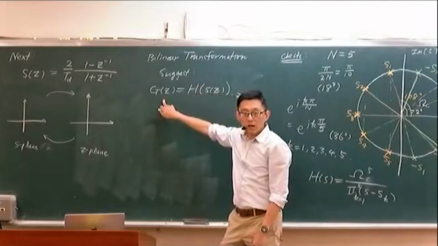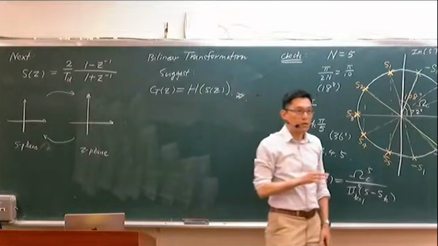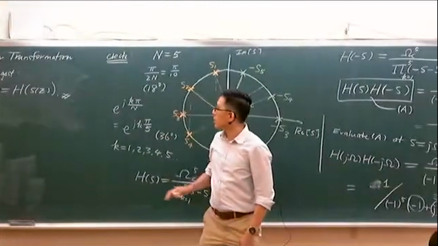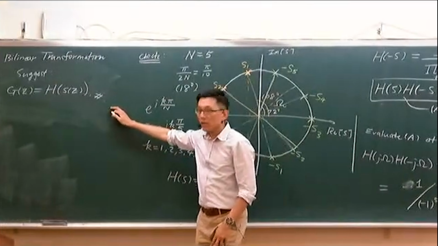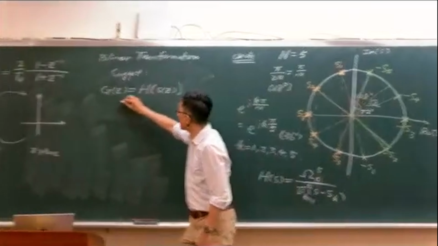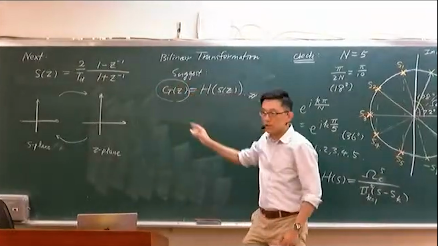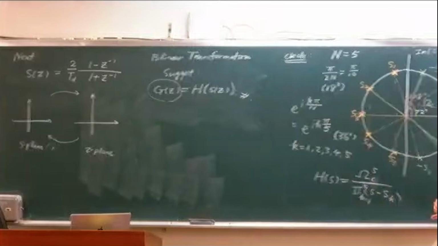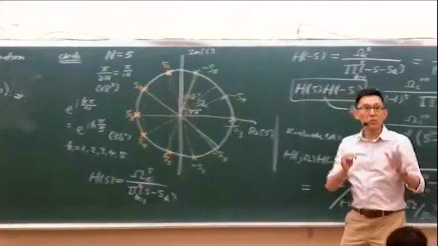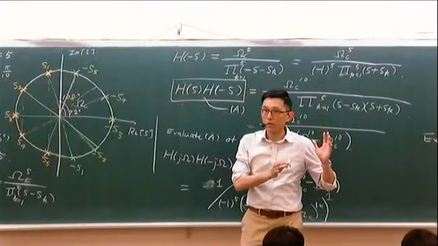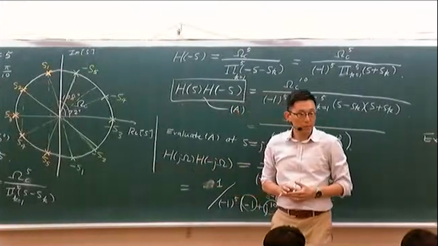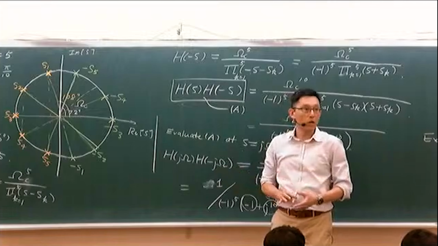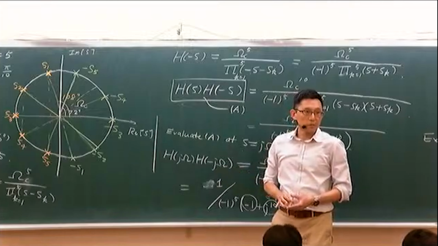I claim to you, surprisingly, this is a design. This function is now a function of z, and it defines a discrete time system which is also low pass. We begin with an analog prototype, then we end up with a digital design which is also a low pass filter. That's the idea.